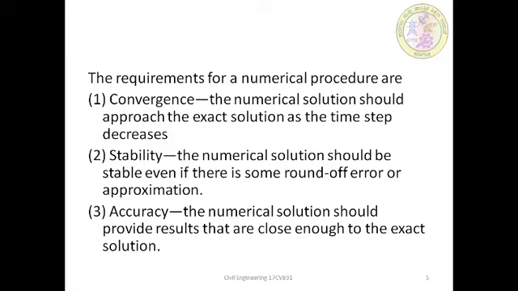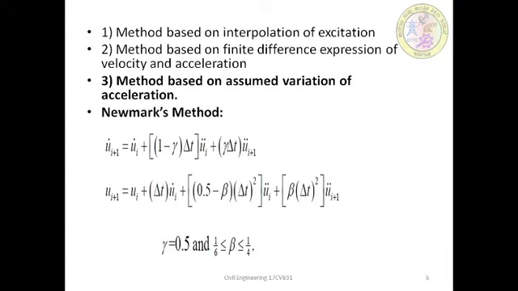The second is stability: the numerical solution should be stable even if there is some round-off error or approximation. The third is accuracy: the numerical solution should provide results that are close to the exact solution.